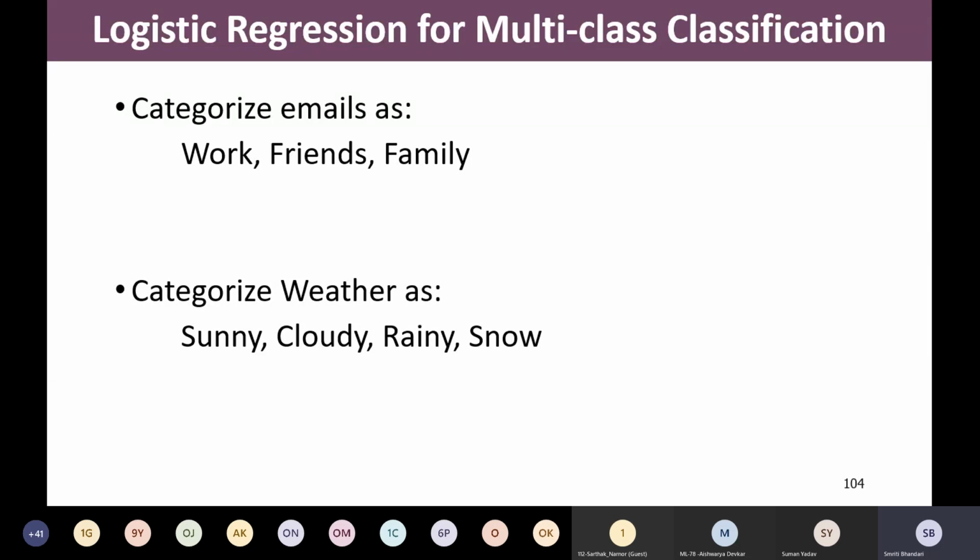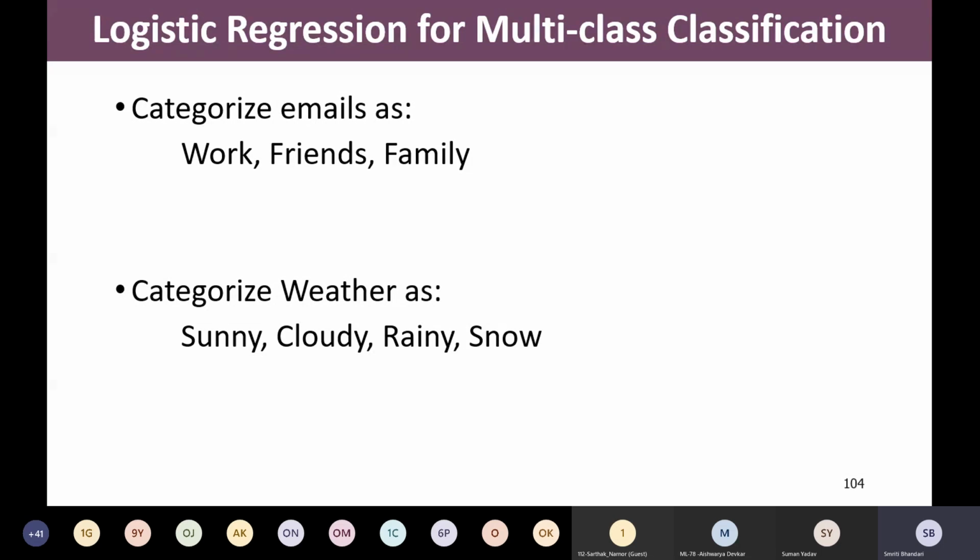But now if we would like to categorize emails in three classes, say emails from work, emails from friends, emails from family, right? So we want to categorize our emails in three classes: work, friends and family. If I am having such a classification problem, we say that it is a multi-class classification.